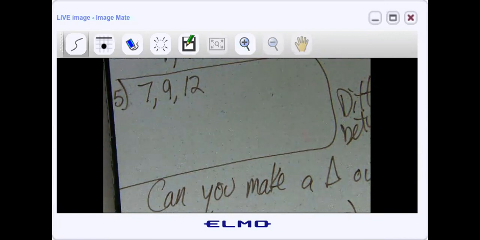Oh, how convenient. I have 2 people left to call on. And I'll do 2 more examples. All right, out of 7, 9, and 12, can you make that into a triangle? Megan, yes or no?